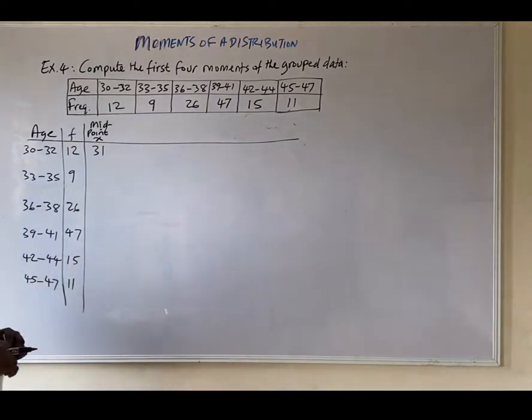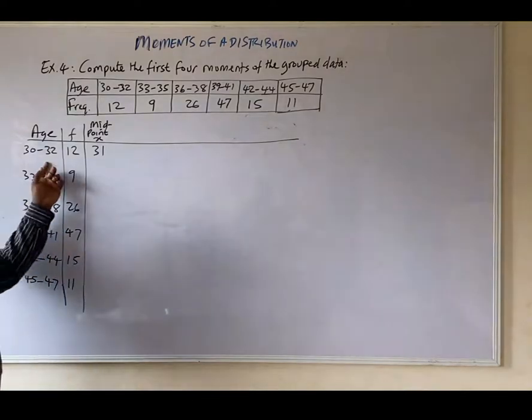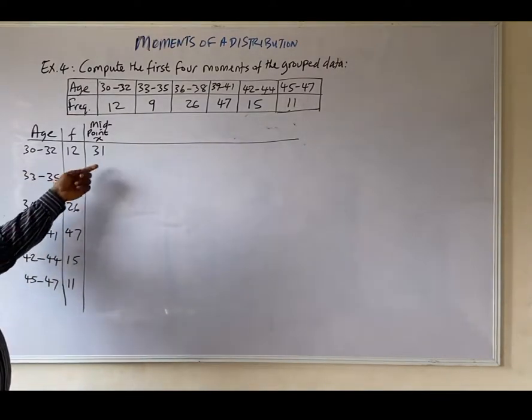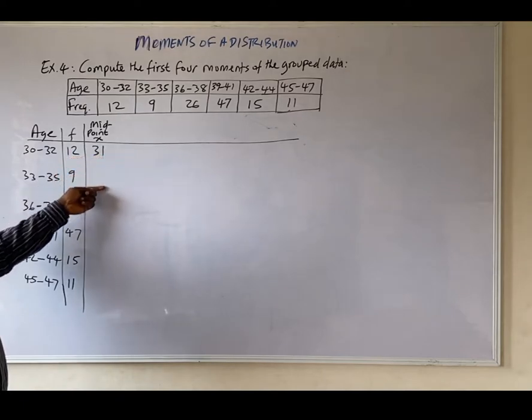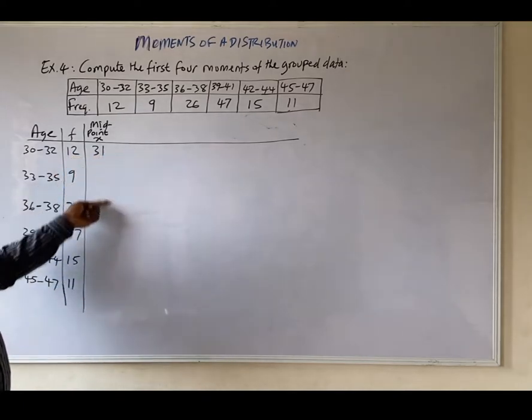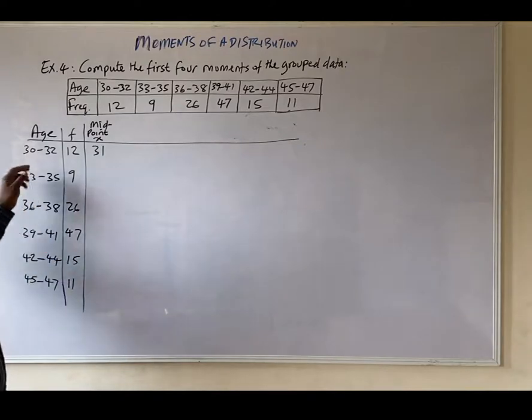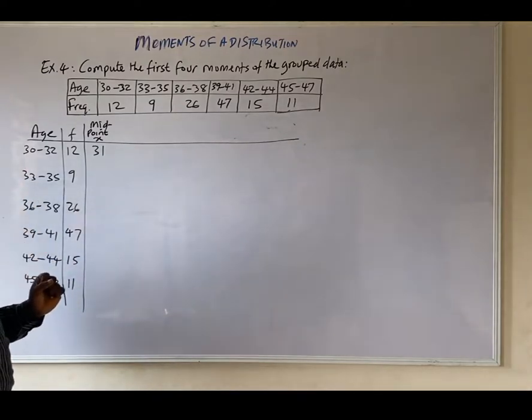We can do the same for each of these classes, but we do not have to go through that stress. What we will do is find the value of the class interval, and then add the value of the class interval to this midpoint to find the values for all the other midpoints. In this case, we have 3 as our class interval.